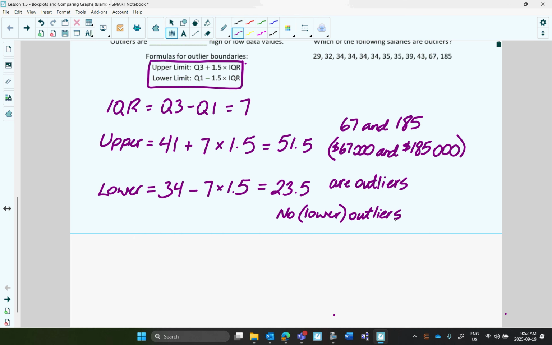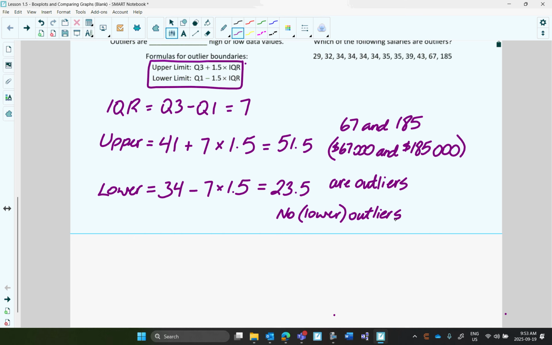In order to do that, obviously you need the distribution of values, and you need to be able to find the IQR. Sometimes you're going to have to go through the list and actually find Q3 and Q1 and subtract them to get the IQR. Sometimes Q1 and Q3 will be given to you, okay?